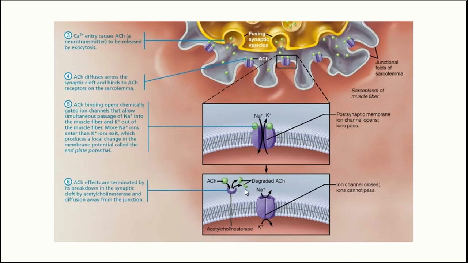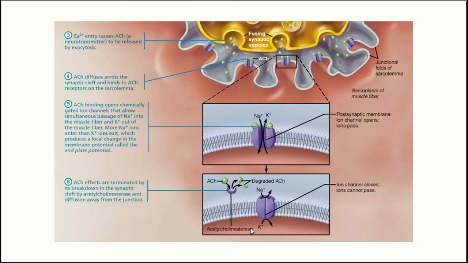After a few moments, really a few thousandths of a second is all it takes, the acetylcholine that was released by our axon terminal is very quickly broken down by an enzyme called acetylcholinesterase.